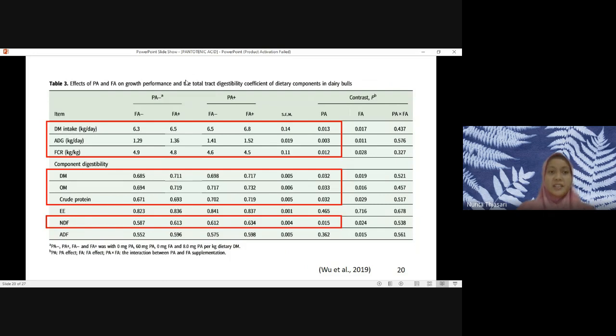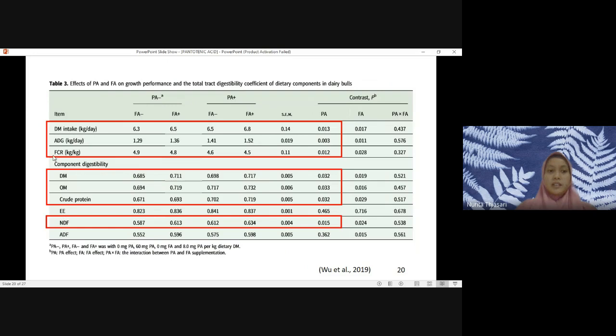And in this table, I would like to show the effect of the pantothenic acid on the dry matter intake, average daily gain, and the FCR. We can see from this table that the addition of pantothenic acid increases the dry matter intake and then the average daily gain.